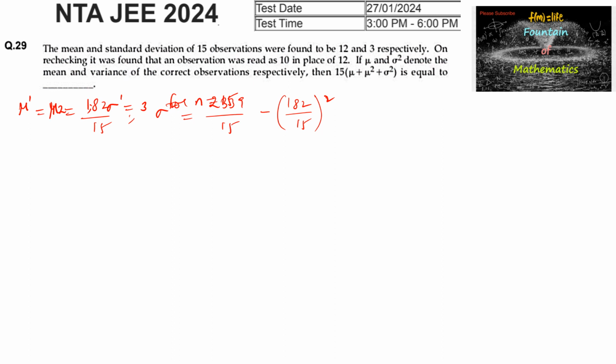So we know the mean formula, summation xi divided by n is equal to 12, which implies summation xi divided by 15 is equal to 12. So we can write here summation xi is equal to 12 times 15, which is equal to 180.